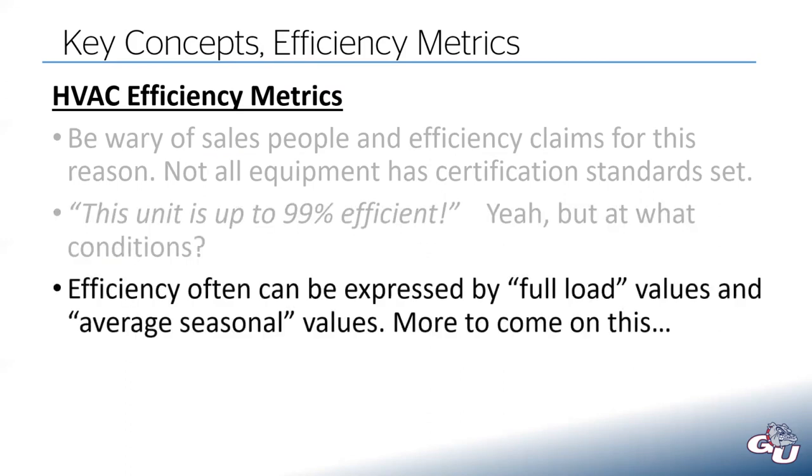The other thing to keep in mind is the efficiency metrics are often expressed by 2 different values, either the full load values, which means that unit's running maxed out, and then average seasonal values. So over the course of a typical summer, what's going to be the average air conditioning efficiency? So we'll come back to that.